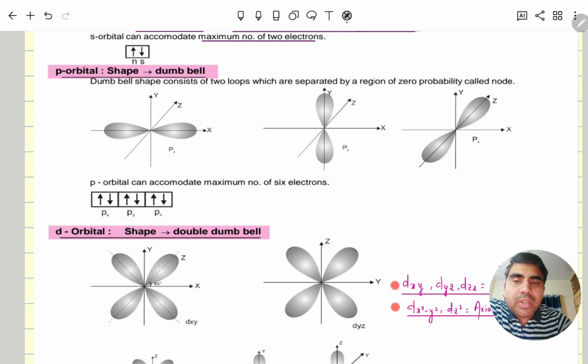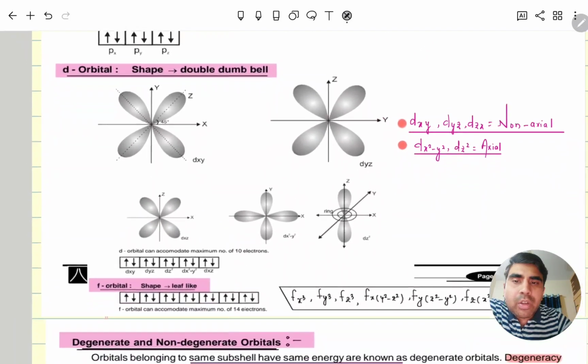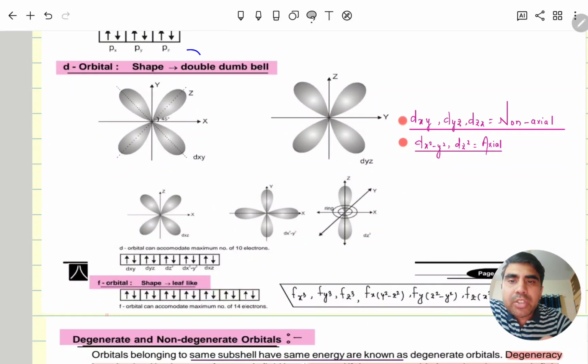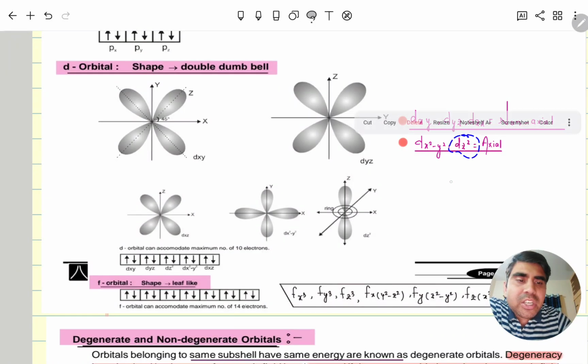Next, coming to the d orbital. The d orbital has a double dumbbell shape. You can see two types of orbitals: one is axial and one is non-axial. So dxy, dyz and dzx are non-axial, whereas dx square minus y square and dz square are axial.